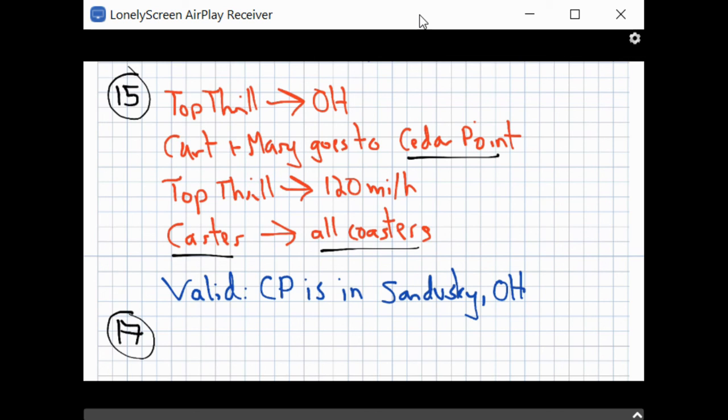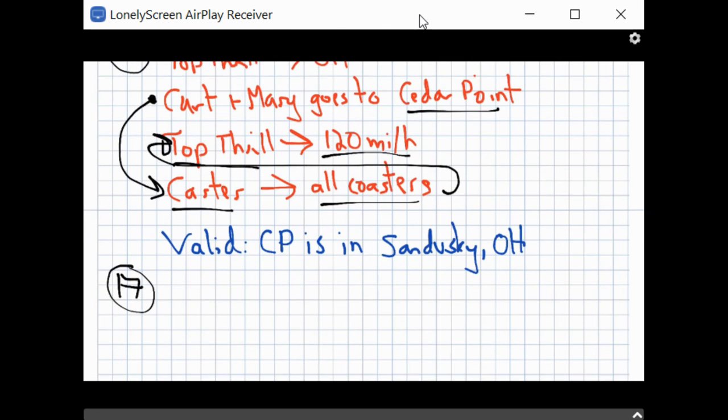And therefore, if he goes on all coasters, that means he went on Top Thrill, and Top Thrill goes 120 miles an hour. So this statement triggers this conditional, and then this conditional triggers this one here. From Carter going to Cedar Point, we can know that he got on all the coasters, therefore he went on Top Thrill, therefore he went 120 miles an hour. So we can say that is also valid.